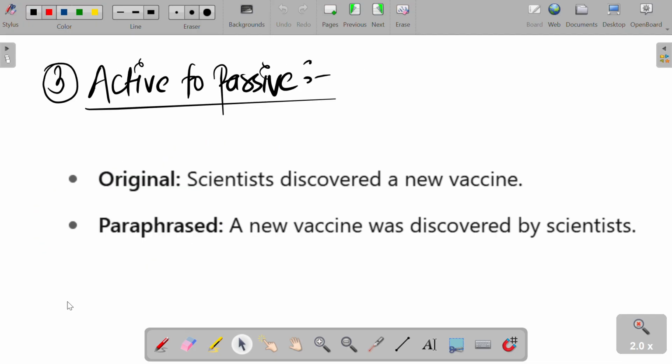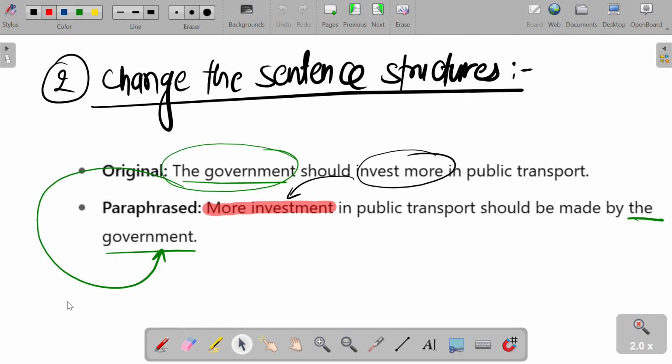Another way of paraphrasing the given question is where you change the active sentence into passive. That does not necessarily mean it always has to be from active to passive. You can change the sentence structures in so many different ways, where you'll introduce maybe a clause, or maybe you can ask a question, make the sentence a question itself.